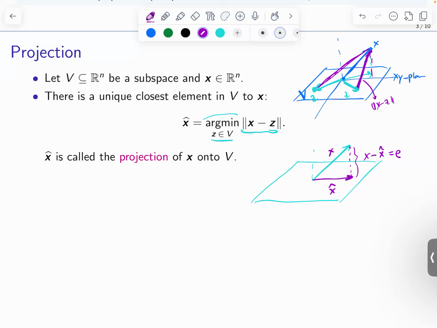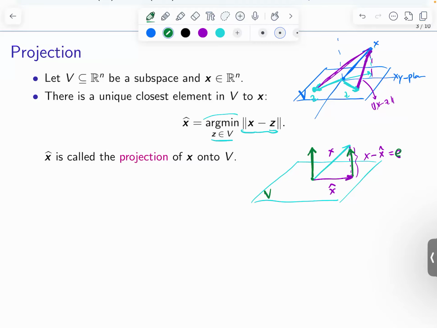That vector, this is e, x minus x hat. This has to be orthogonal to v. Intuitively, it's clear. This is really not that vector, because we discussed the vector has to start from this point, but it's easier to draw it there.